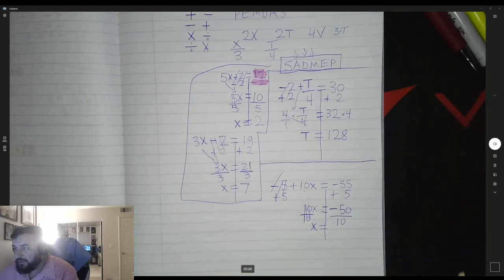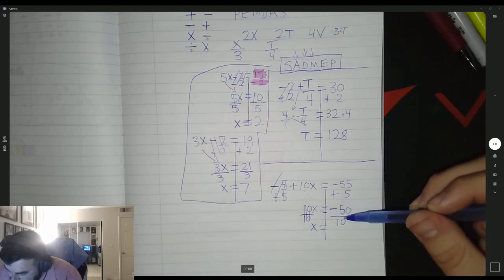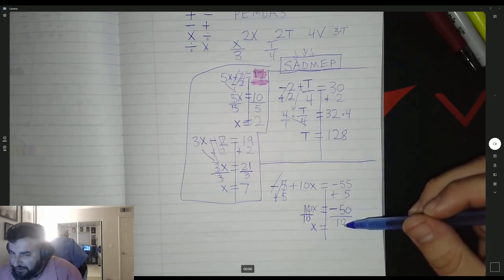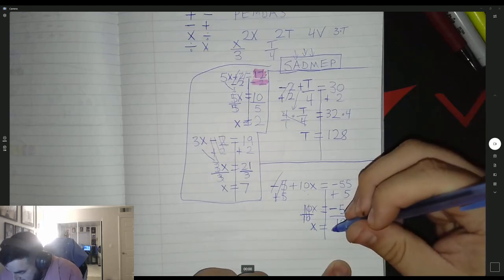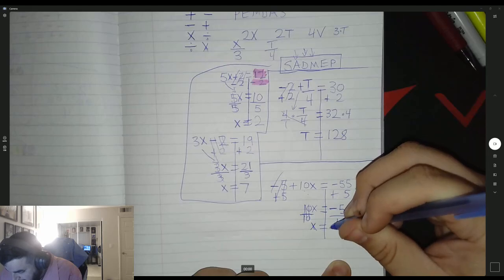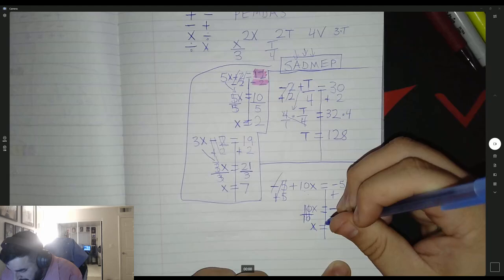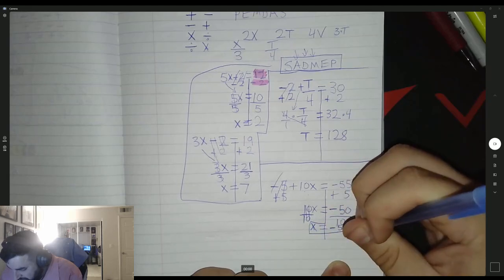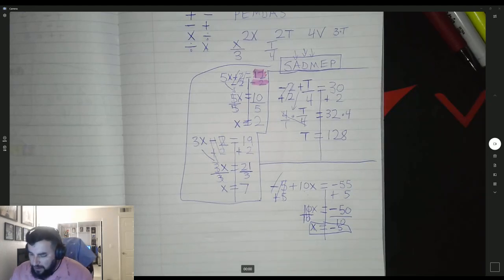And now you got to know the multiplication rules. A negative divided by a positive follows the same rules as multiplication. So a negative and a positive make a negative. So your answer, 50 divided by 10, is a negative 5. So there is your answer right there. So x is equal to a negative 5.